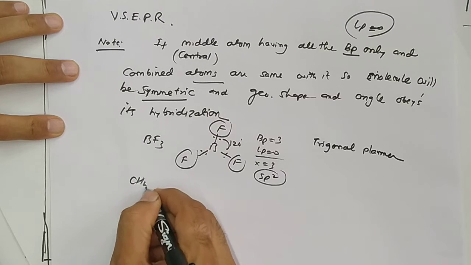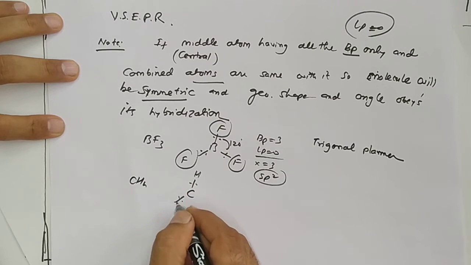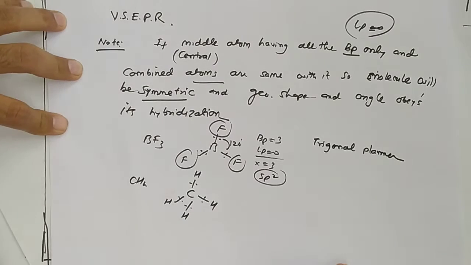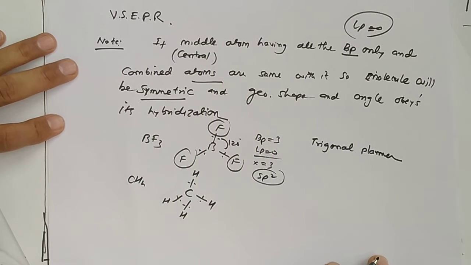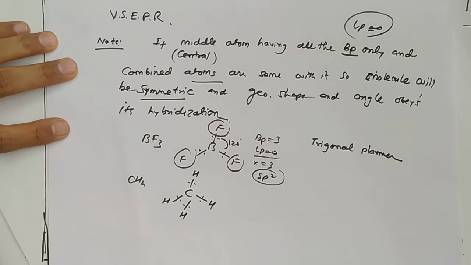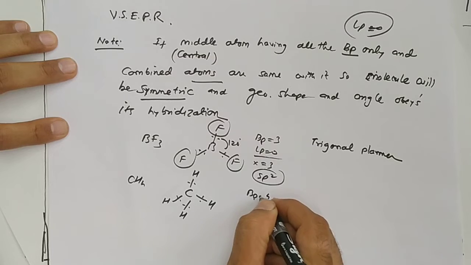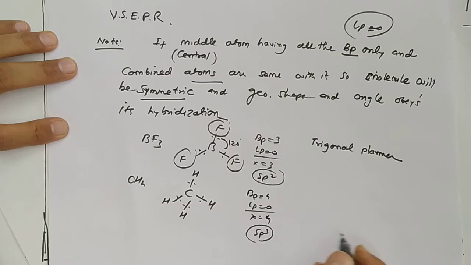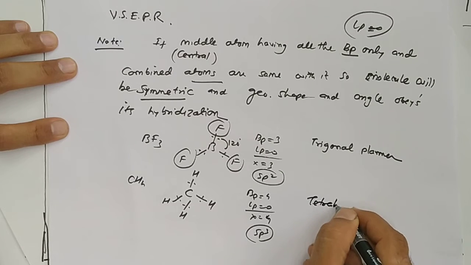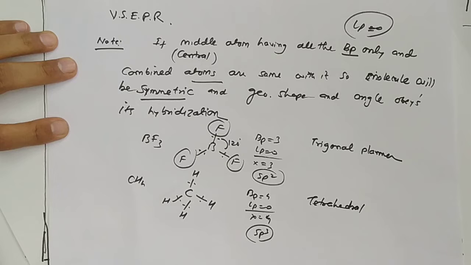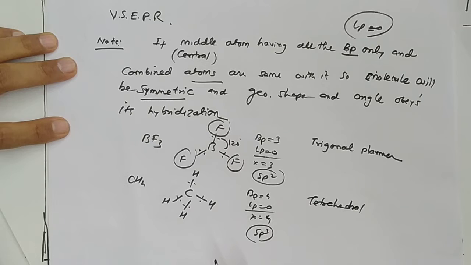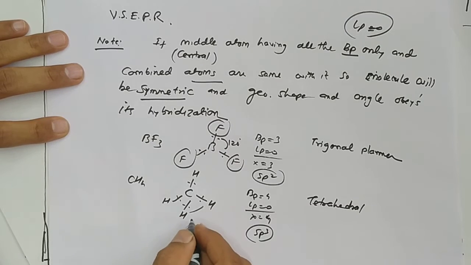Now CH4, carbon has 4 electrons and all 4 are bonded, so bonding pair is 4, lone pair is 0, value of X is 4, sp3, so tetrahedral shape, and bond angle here is 109 degree 28 minutes.